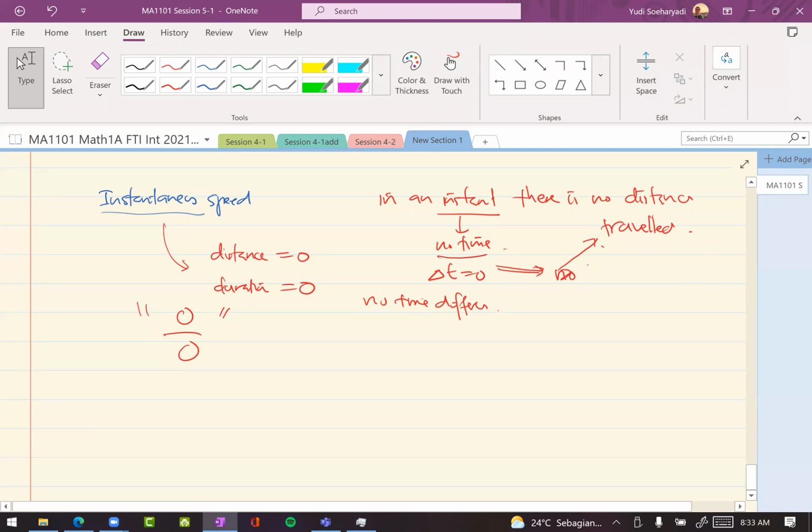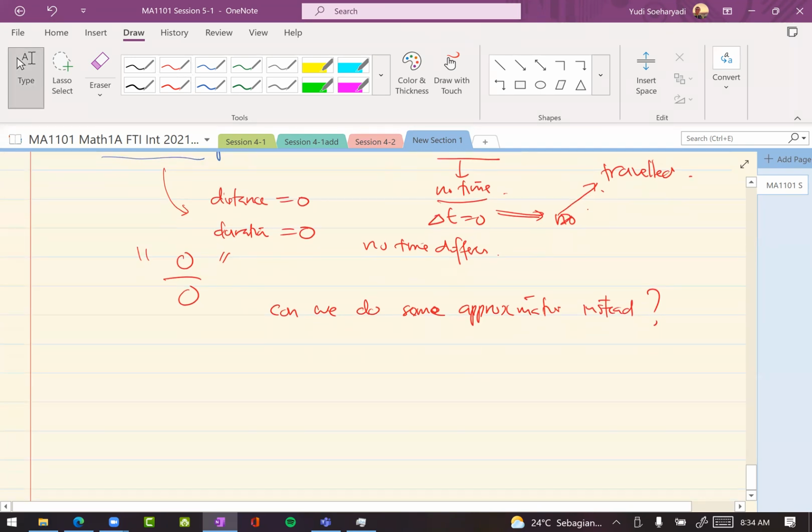That's why we need to find out, well, if we cannot get the exact value, can we do some approximations? Okay. So what's our kind of approximation?